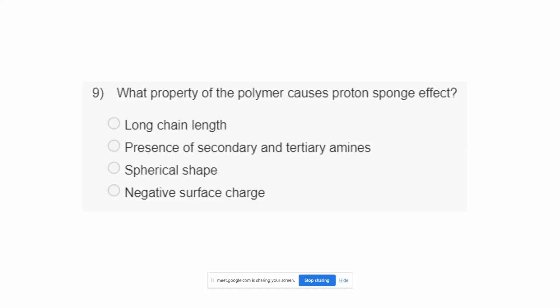Okay. So here is the ninth question. What property of the polymer causes proton sponge effect? Long chain length, presence of secondary and tertiary amines, spherical shape, negative surface charge. Option two. Okay.